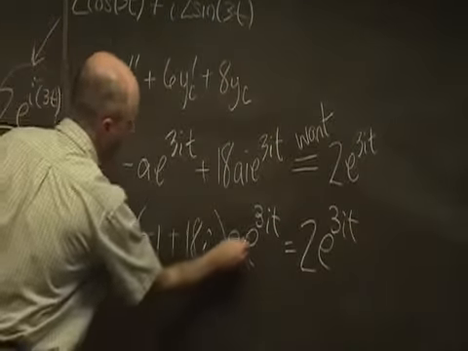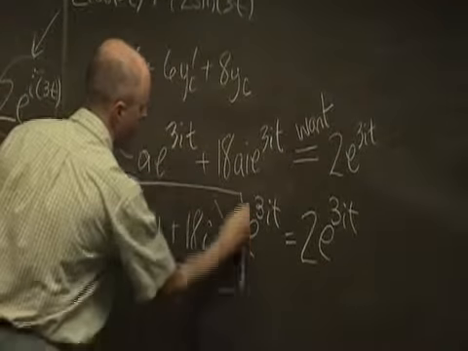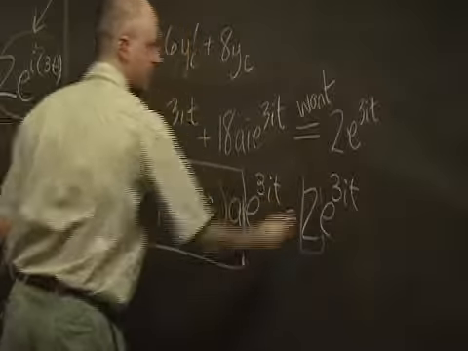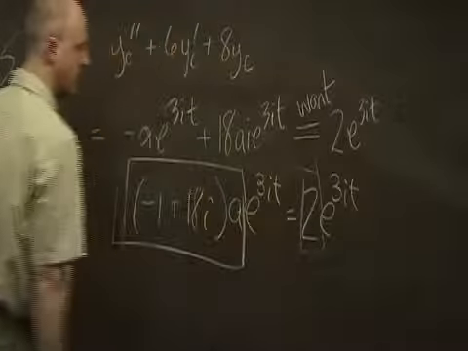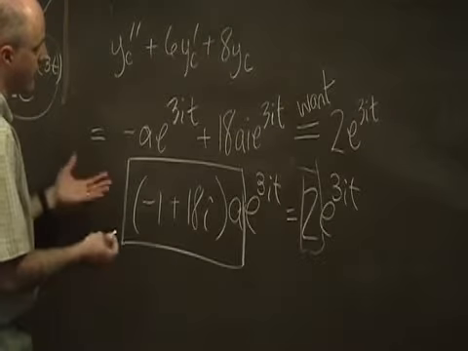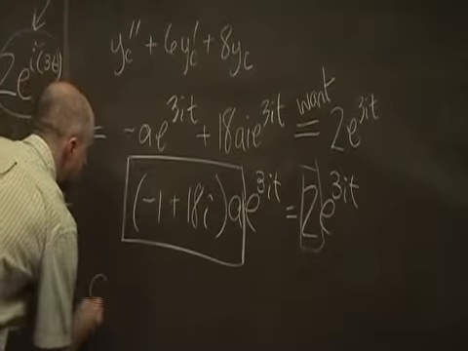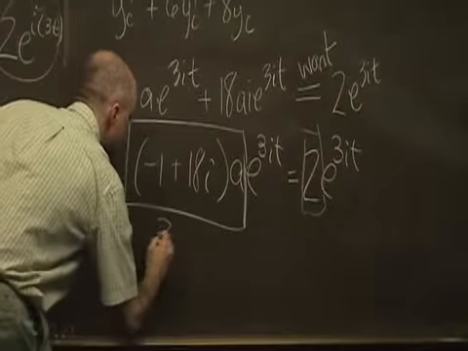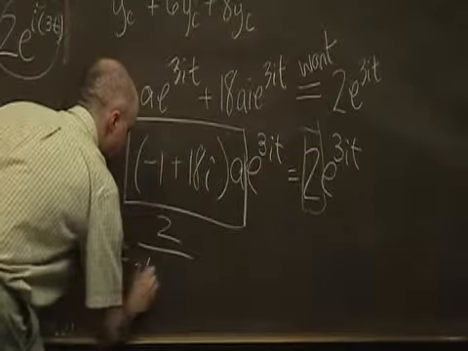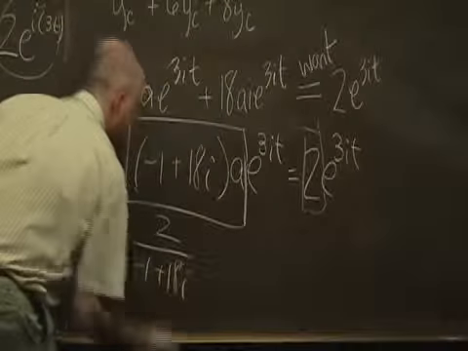And therefore, the coefficient there must be equal to the coefficient there. We want these to be equal for all t, and that'll happen if and only if those coefficients are equal, and therefore we can solve for a as 2 divided by negative 1 plus 18i.